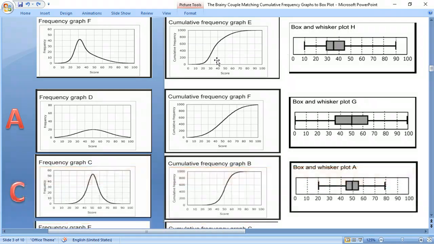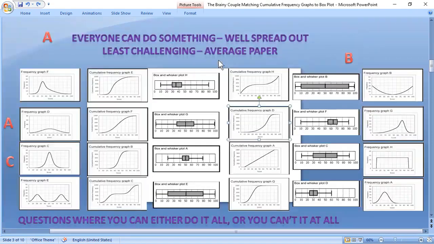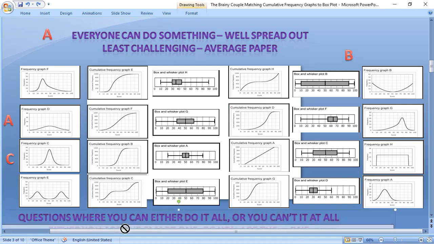Of course you can use the numbers, but sometimes if you don't have numbers, or you just want to see it very fast in one whole stroke, you can compare this with this, and you can see that this is skewed to the left. So now you have all the graphs. As you can see, this is skewed to the right, this is skewed to the left. It's like this whole thing is bending outwards, and this whole thing is bending inwards.